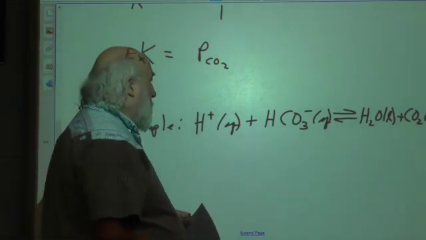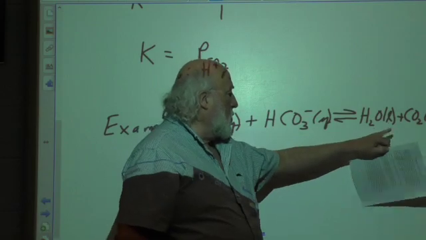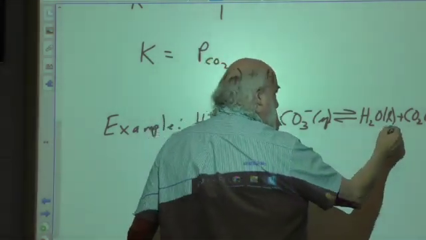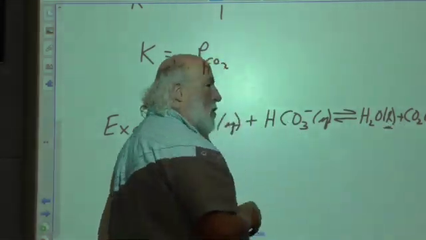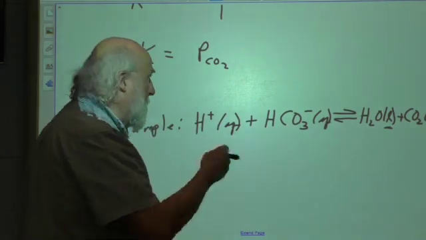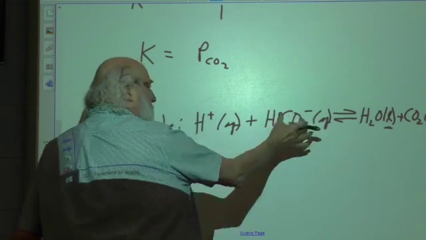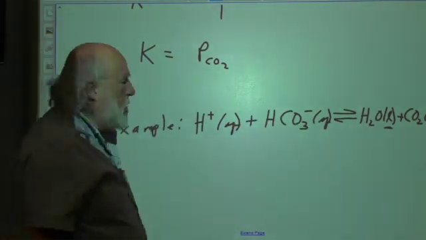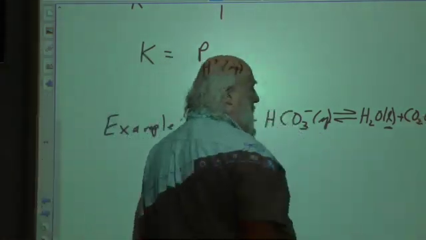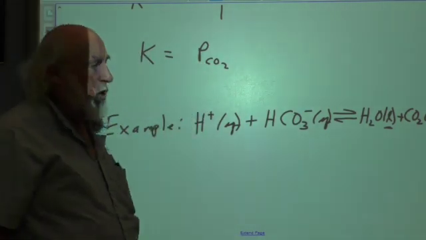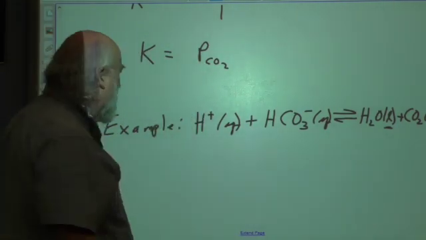Again, because this is a liquid, it is not going to be included, although it is technically a 1, but in the overall scheme of things it is not. But we have aqueous here, so these two are going to be expressed in terms of concentration, and carbon dioxide again is a gas like we had in the previous situation, and that will be expressed as a pressure.